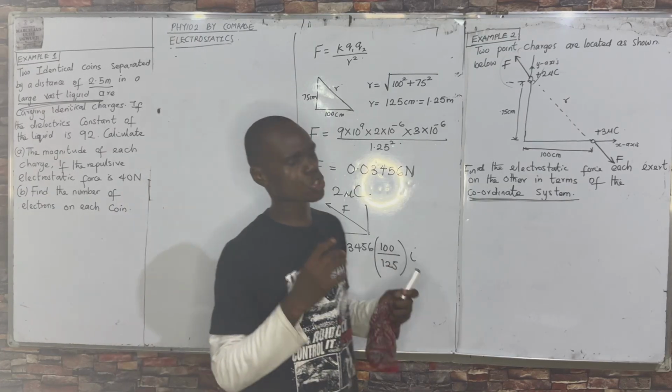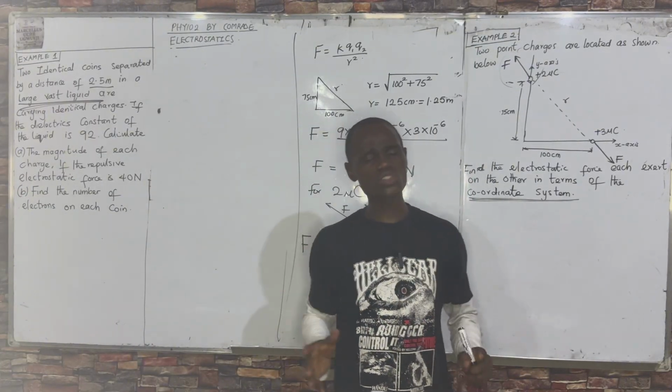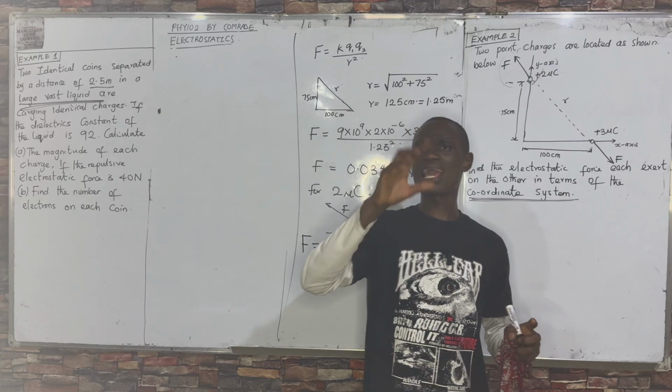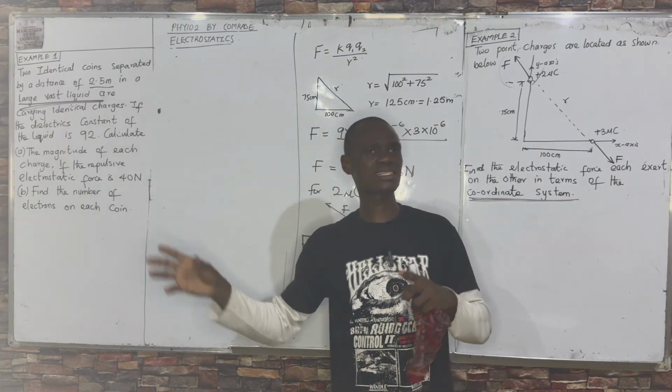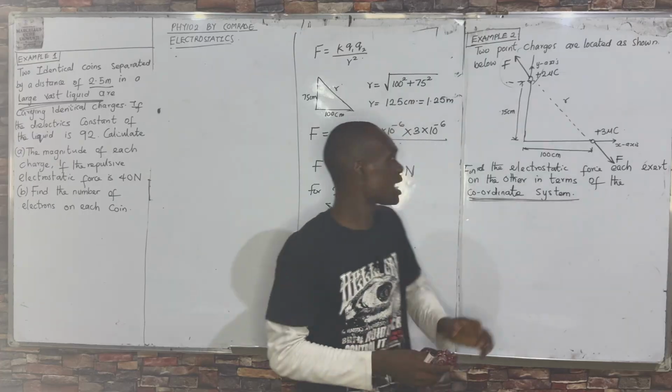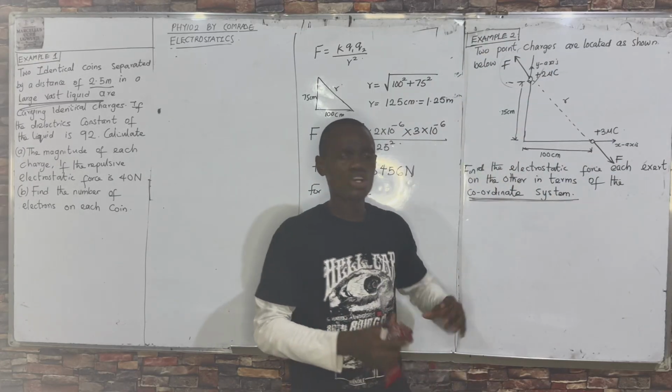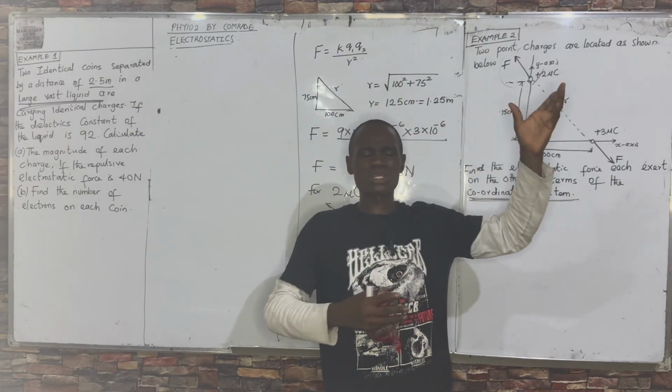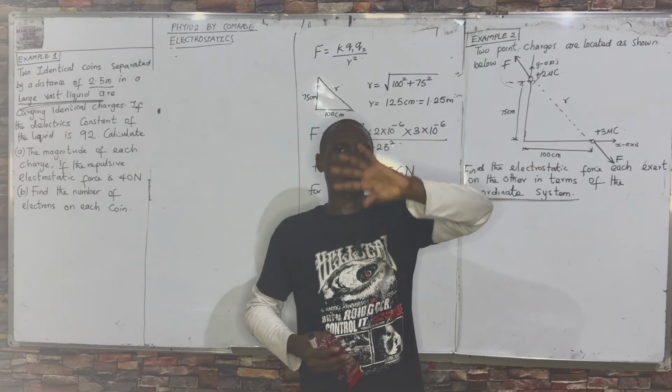But to resolve force, we know that F is equal to F sine theta or F cos theta. You use that one if there is theta. Now look, there is nothing like angle here. So trying to calculate angle, then doing some geometry will make it kind of complicated.